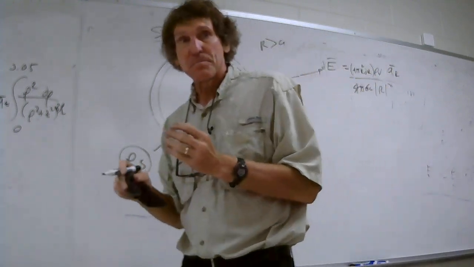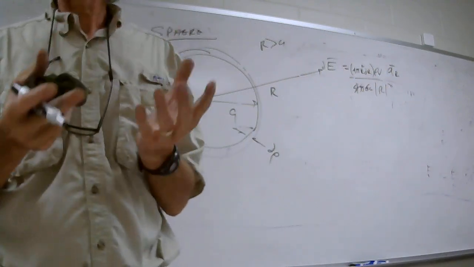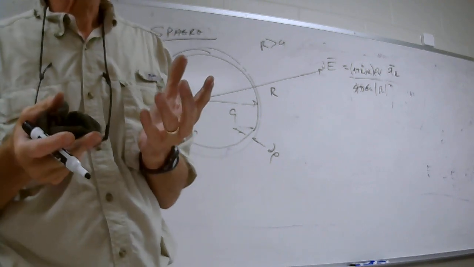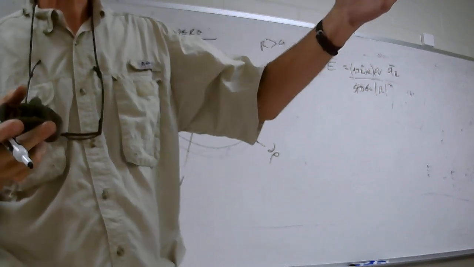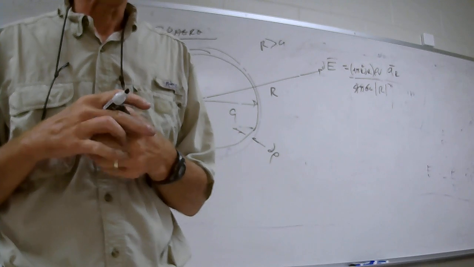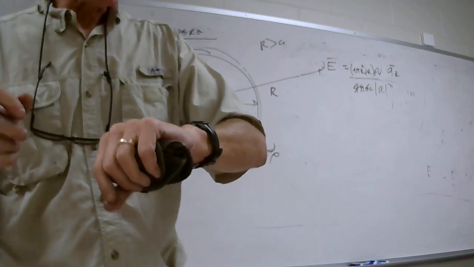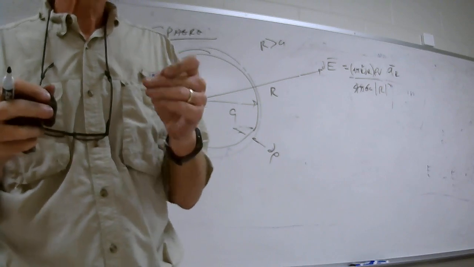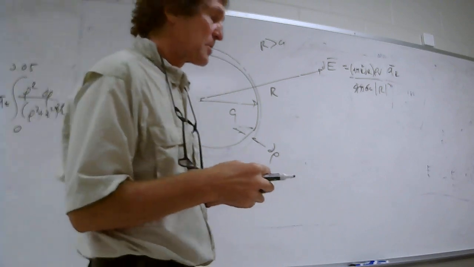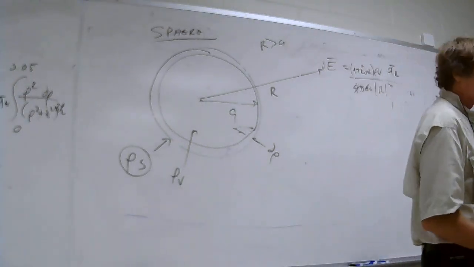Can you all see this? I'm going to create a differential electric field from that spherical surface of a given thickness, then you would integrate that over the thickness to find the total electric field. You all follow me on that? That's a very classic problem. It's a good one too. I'm just showing you this. I don't remember if he has it in his book or not, but that's a classic problem.